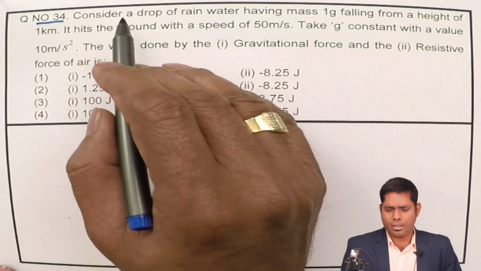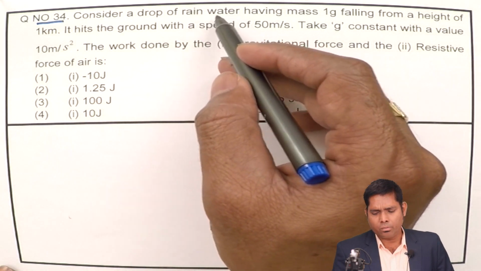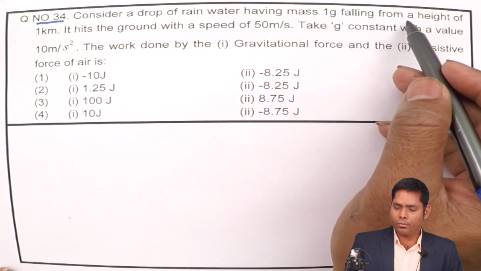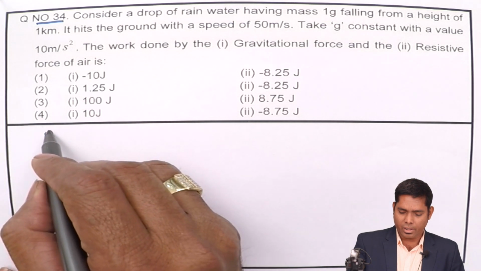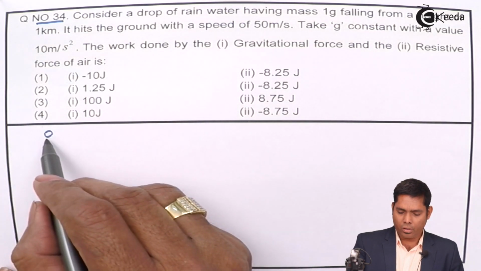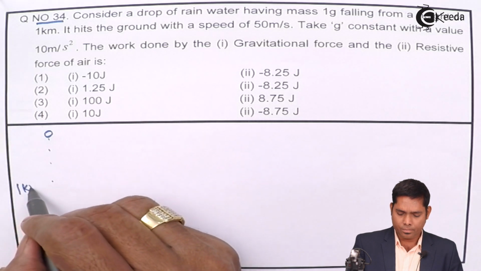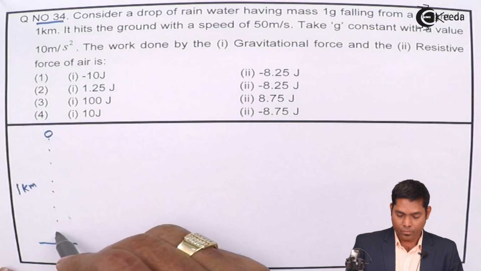It says that consider a drop of rainwater having mass 1 gram falling from a height of 1 kilometer. Supposing that this is a raindrop and falling from a height of 1 kilometer. So this is the ground and it's falling from 1 kilometer.